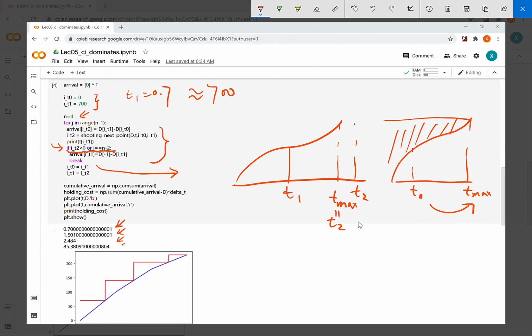And then the final holding cost is slightly smaller than what we calculated. The small error, which is less than 0.2, is because of the discretization error. If we want to get more accurate results, we need to use a higher resolution.